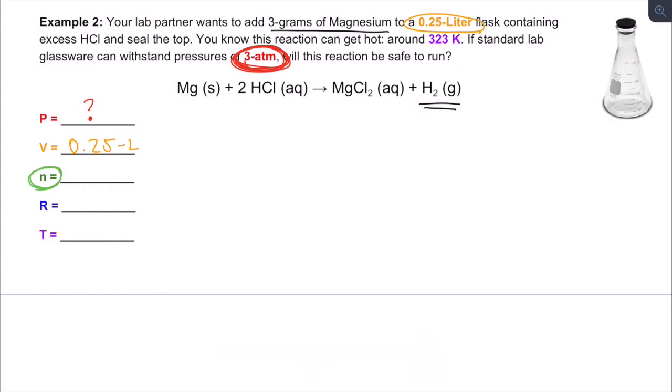The moles of gas we don't have outright. It's not told in the problem, but we do have this information here, 3 grams of magnesium. We can use that to calculate the moles of H2, which I'll show in a moment. R is 0.082, that never changes, and temperature is 323 Kelvin.